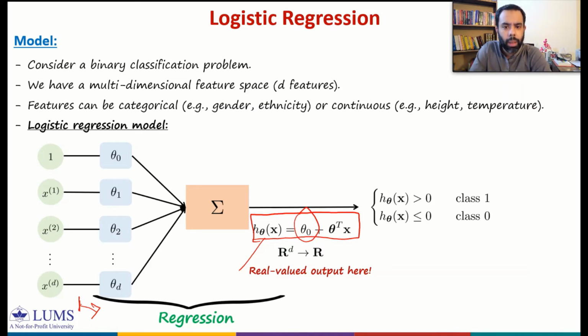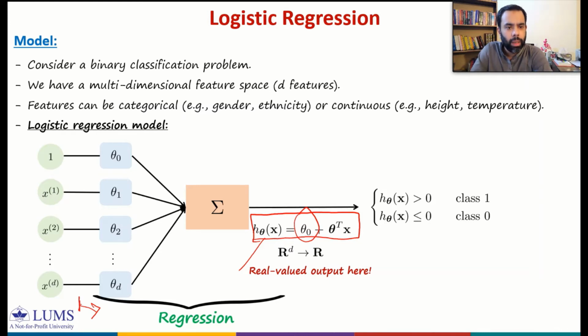But if we follow this, h theta of x can take any value from minus infinity to infinity. When it takes a value slightly greater than 0 to infinity, we assign a label to the classifier as 1, and when it is from minus infinity to 0, we say the classifier takes a value 0.